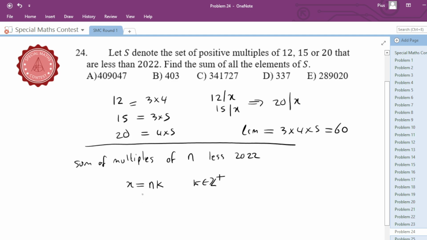Now, since the multiple nk has to be less than 2022, k must be less than 2022 over n.